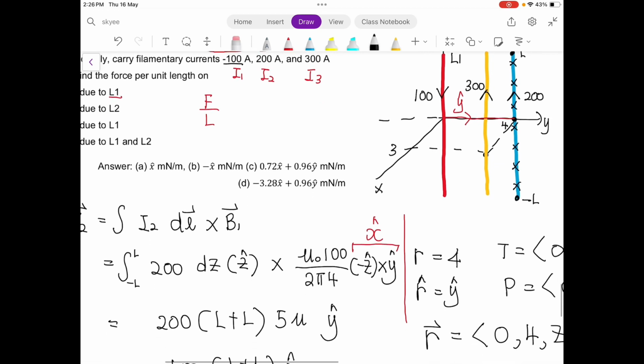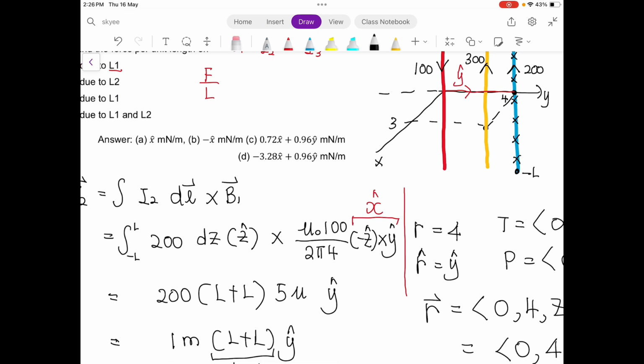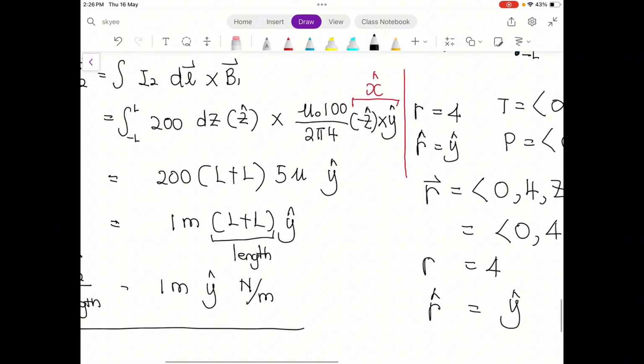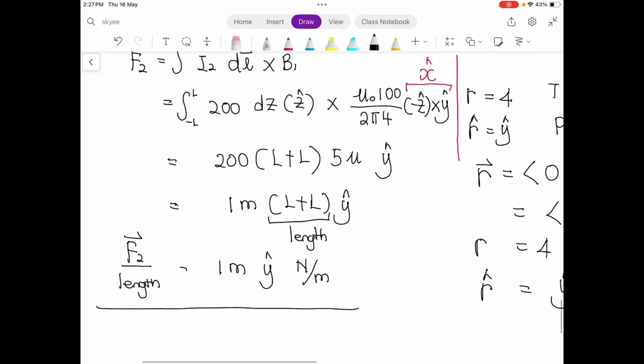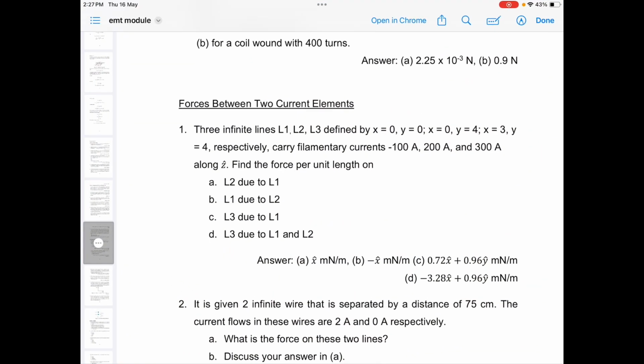X, Y, Y is this one, Z, Y, X, X, Z, Y. I think it should be correct. Okay, Y directions. So the answer should be Y directions. Let me correct it. It should be Y directions. So it's wrong.